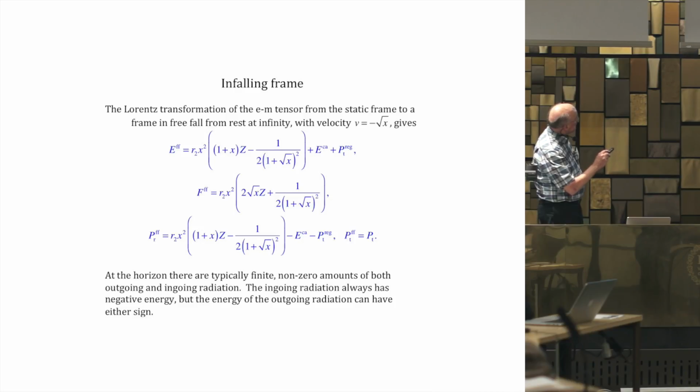So there's the ingoing negative energy part that we separated out, which involves this 1/(1 plus square root of x), which corresponds to the redshift of the ingoing energy in the freely falling frame relative to infinity.